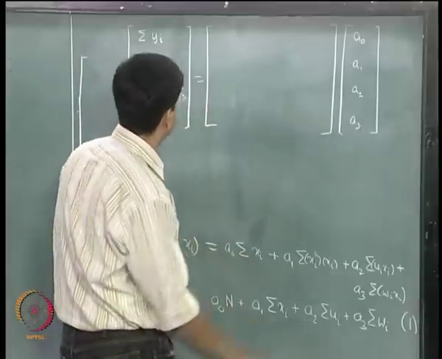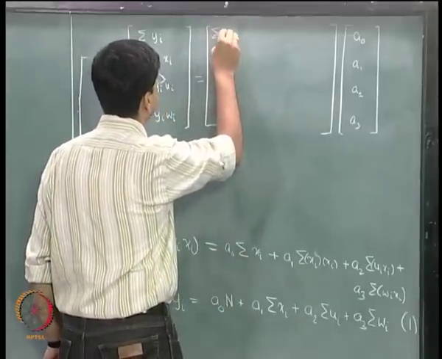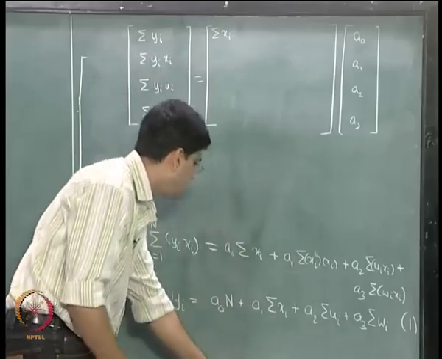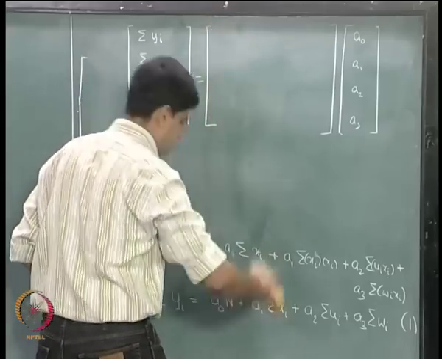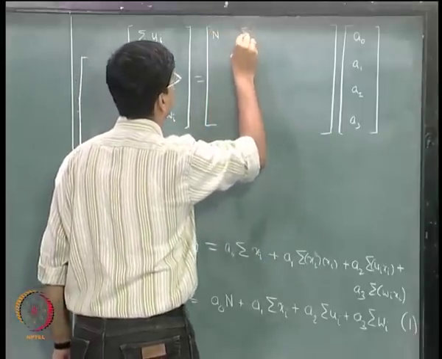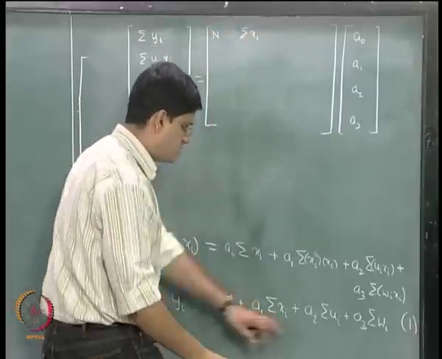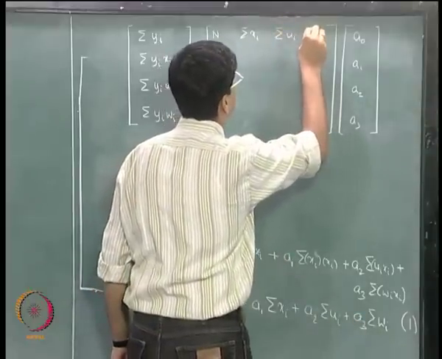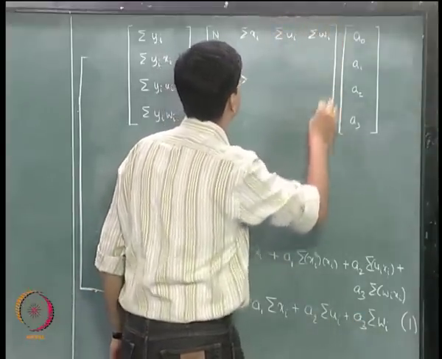So we have n, summation xi. The first term is going to be n, then we will have summation xi, summation ui, summation wi, okay.